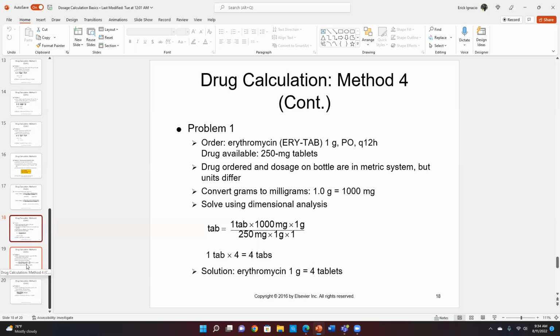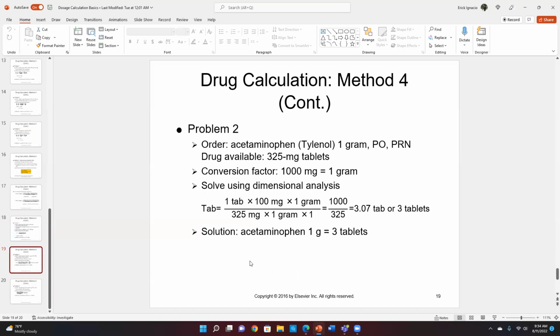Okay, let's go to our next problem. This one is spelled out a little bit more. If you follow the Kathy Parks dosage calculation videos, she prefers to use dimensional analysis. So problem 2: acetaminophen or Tylenol, 1 gram PO PRN.